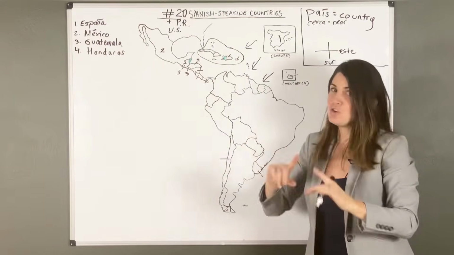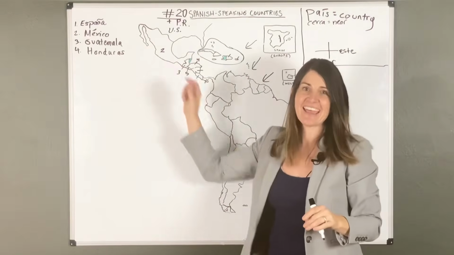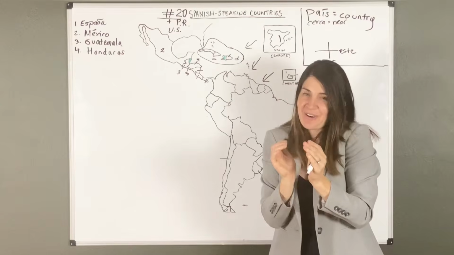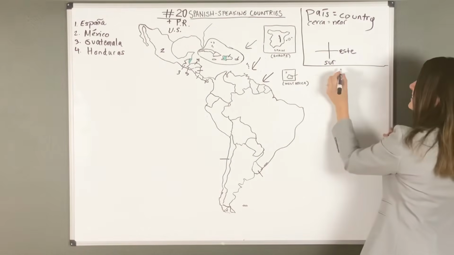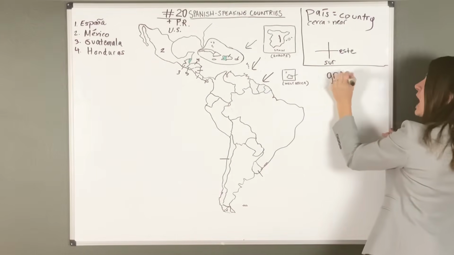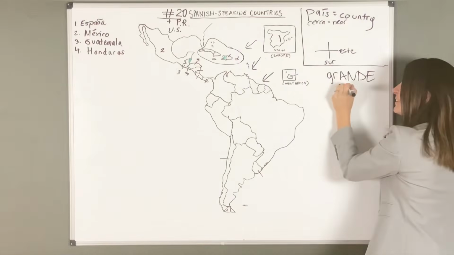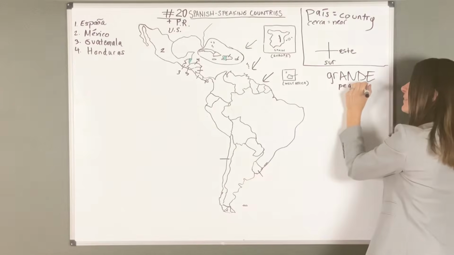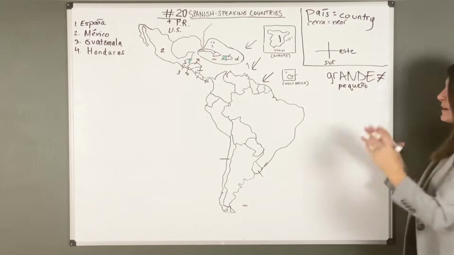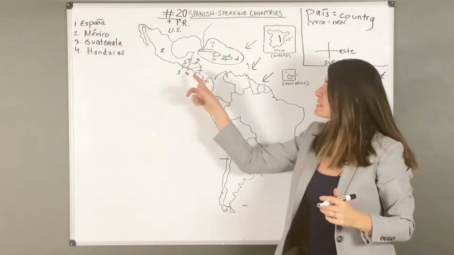Número 5. Este país no es grande, es pequeño. Grande, pequeño. Ok, es un país pequeño.